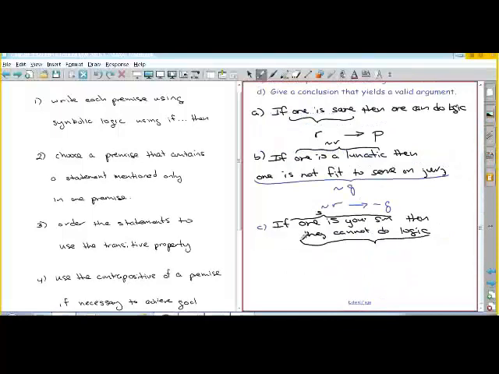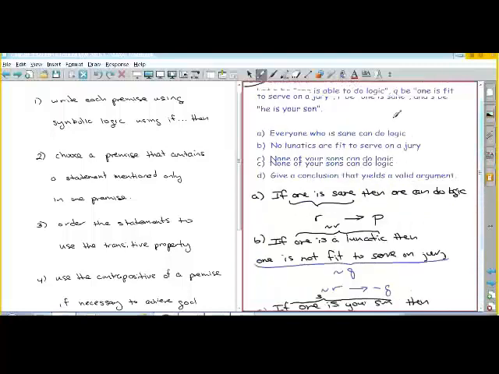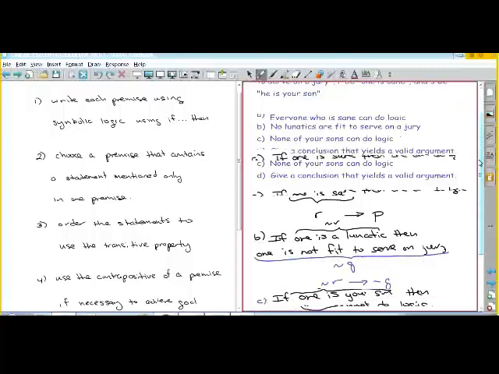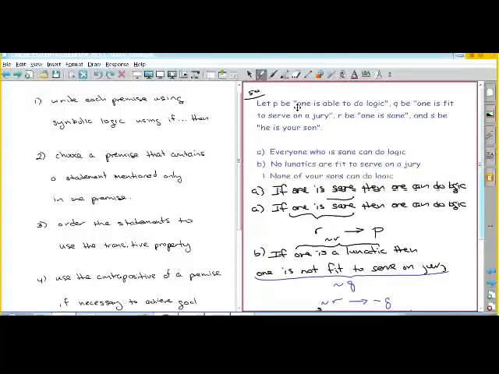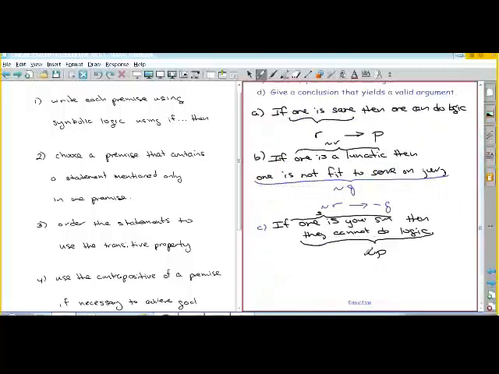The second one is they cannot do logic. So we go up to the statement, one is able to do logic. So if one is not able to do logic, then that would be the negation of P. So that's the negation of P. So again, we can rewrite this as an if-then statement, which would be if S, then the negation of P. So those are the three logic statements.